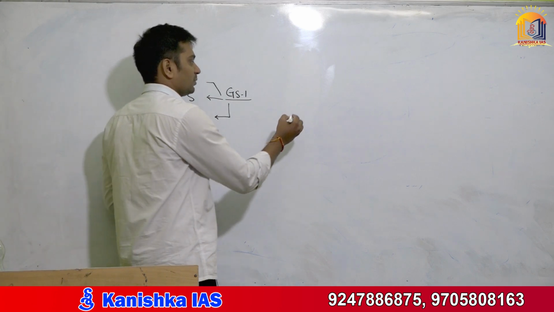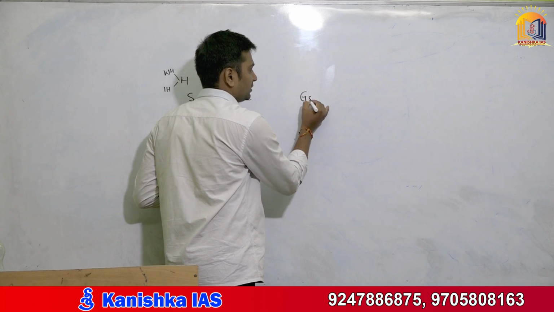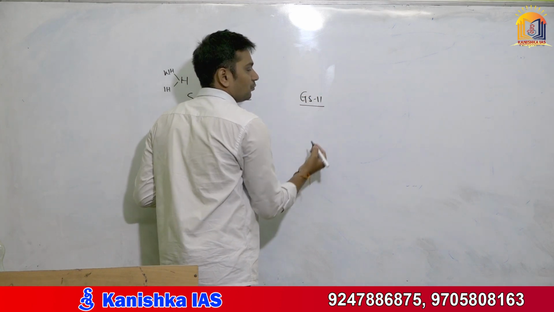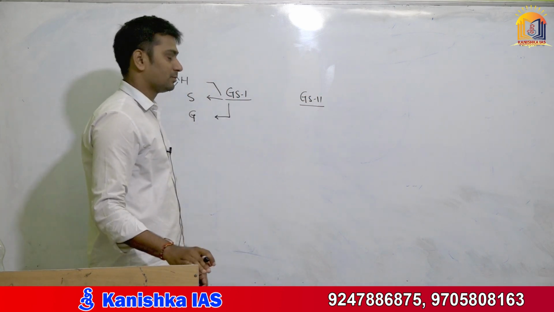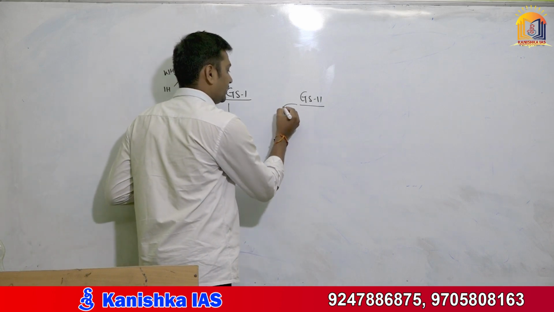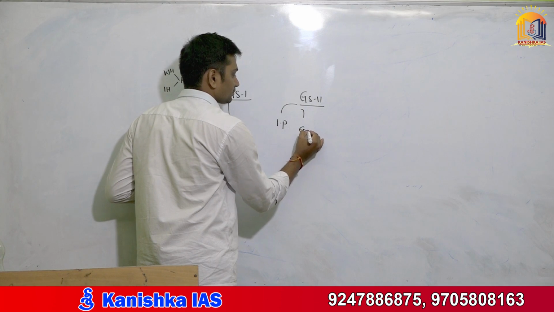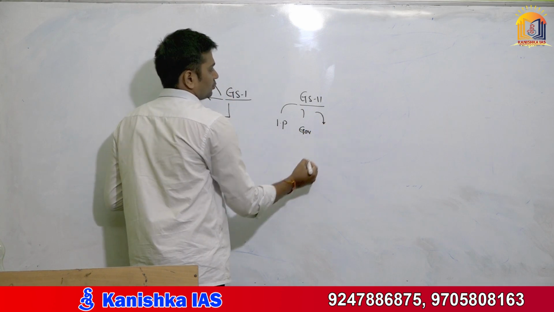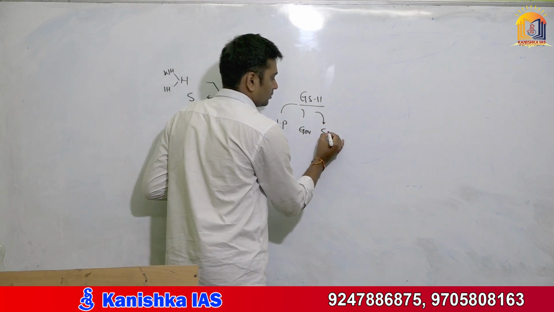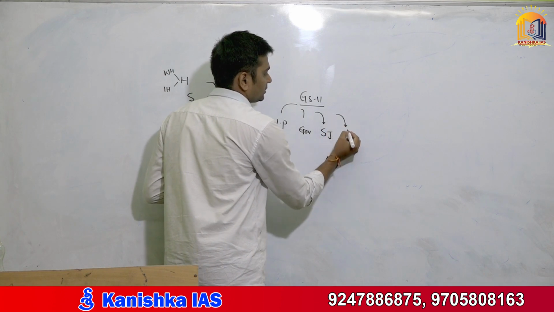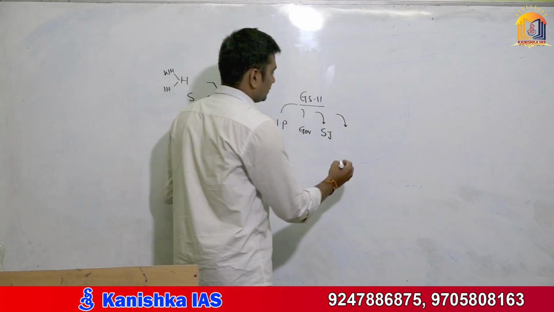When it comes to GS paper 2, in your preparation, it again has 4 sub-components. One is Indian polity, governance, social justice. The fourth part is international relations.